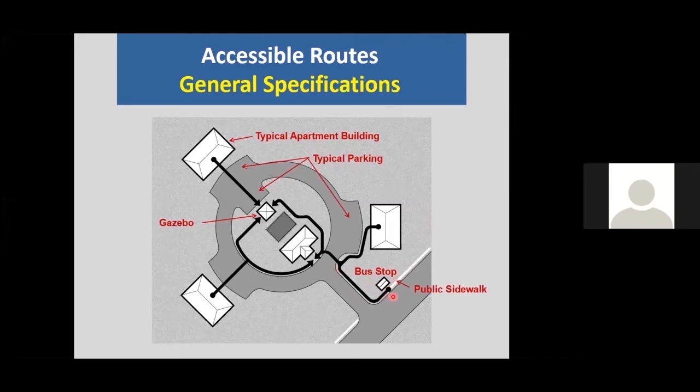So one site arrival point could be a bus stop near the property line. The public sidewalk is going to meet up somewhere with the property line, even the public street. These are site arrival points, and we need our accessible pedestrian route to start there. And then it needs to connect to these, maybe this is the leasing office or clubhouse. Here's our apartment building. Here's another common building or apartment building. Our route needs to get to all of these spaces.